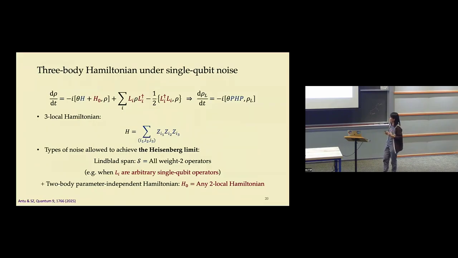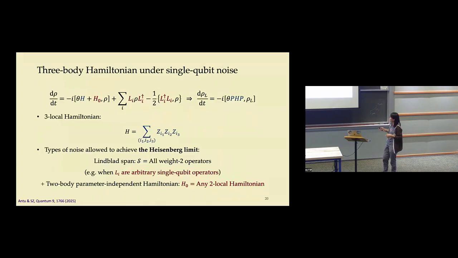That makes sure the HNLS condition is satisfied because the Hamiltonian is weight 3 and the noise is only weight 2. And an additional bonus we have here is that we are also allowed to remove any two-body Hamiltonian interaction in the system.